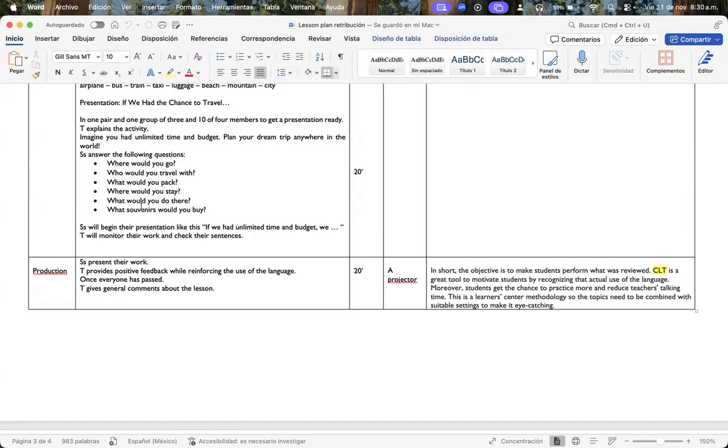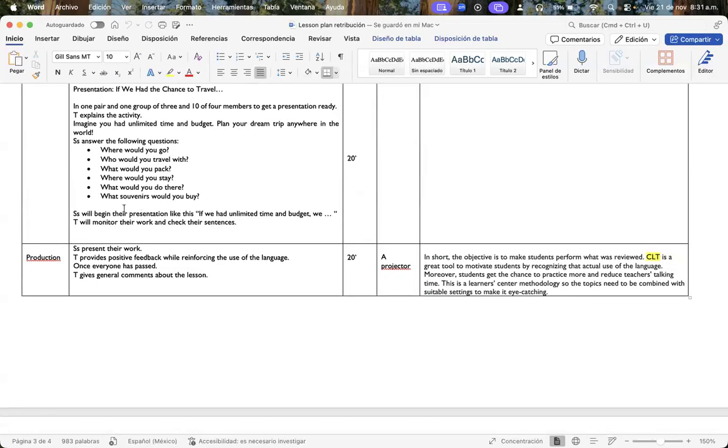They have to come to an agreement to actually write the sentences and know what they are expected to do. So I think the only thing that sometimes we have to really highlight is that what they are going to describe must be a full sentence. If I had unlimited budget, I would go to, I don't know, Canada, and then you say it like that.